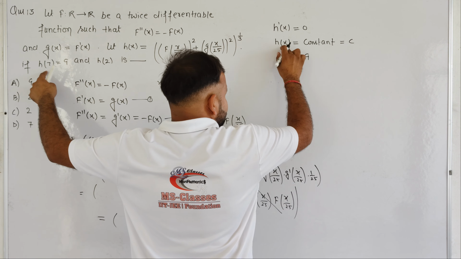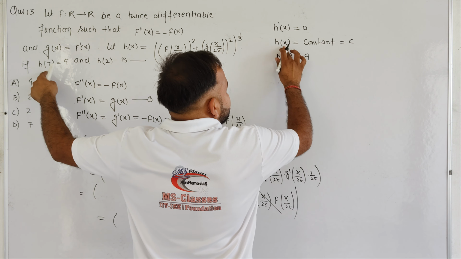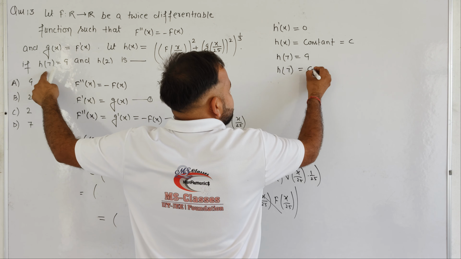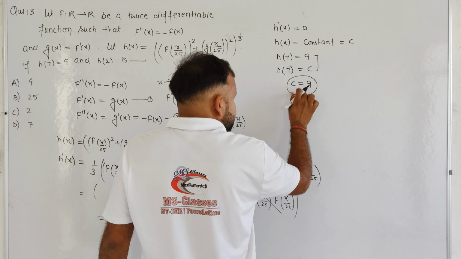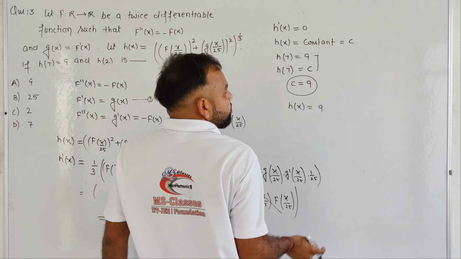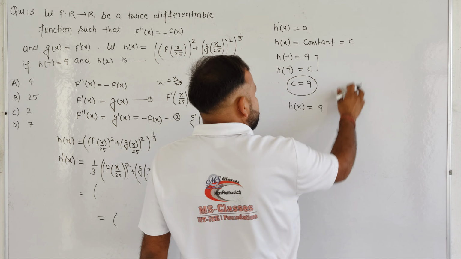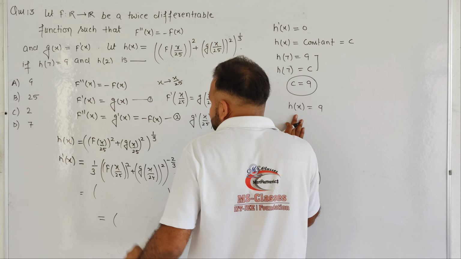Put down x is 7. So h of 7 equals the constant C. If we compare the things, C is 9, and if C is 9, our function h of x will become 9. The value of C is replaced, so h of x becomes 9. So we can say that our function h is constant.